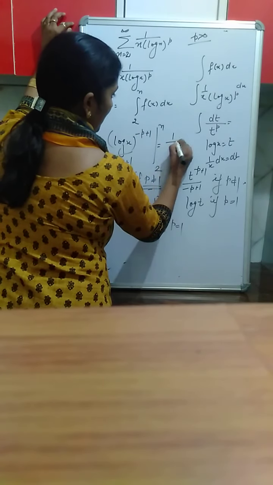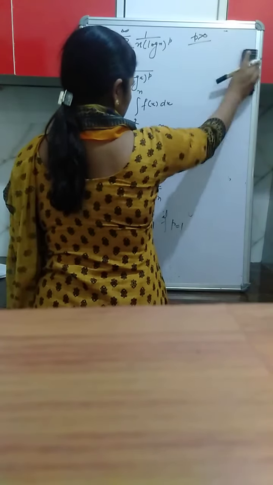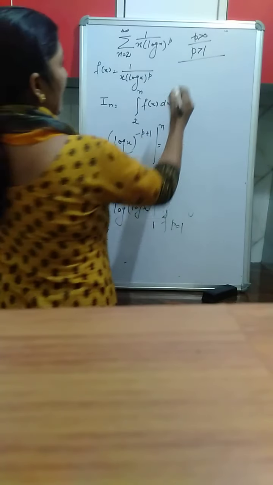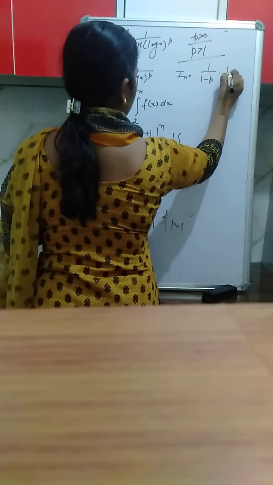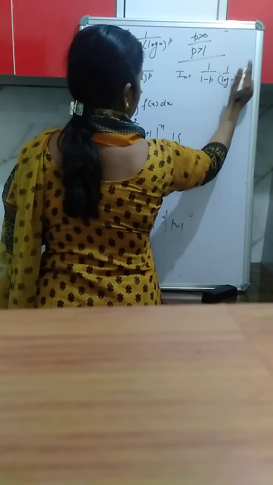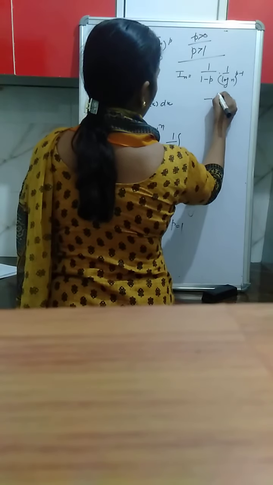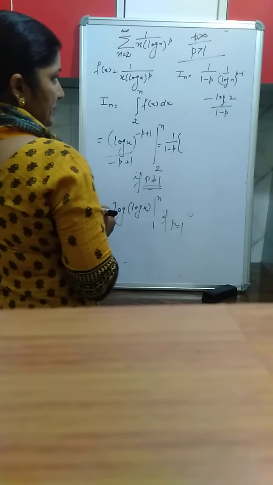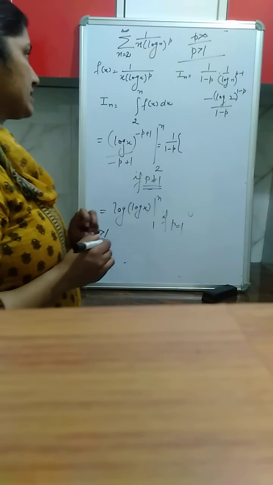So I'll write it as 1 upon (1 minus p) into, considering the case when p is greater than 1, I_n will be 1 upon (1 minus p) into 1 upon (log n)^(p-1), minus 1 upon (1 minus p) into (log 2)^(1-p).